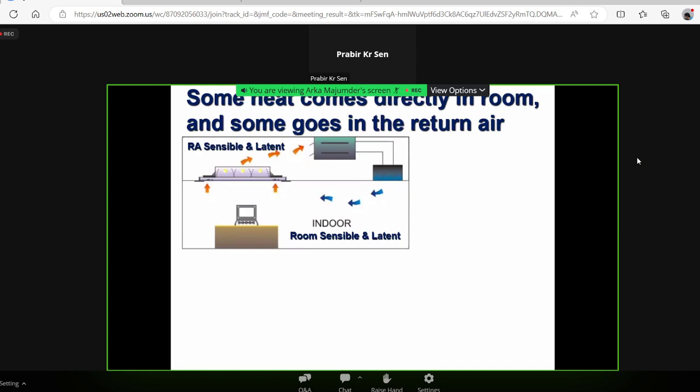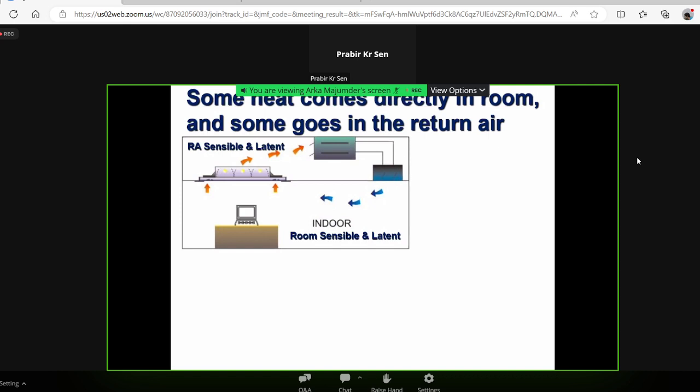Now, we discussed in the very first slide that some heat is generated within the room, and some heat comes from outside to the room.